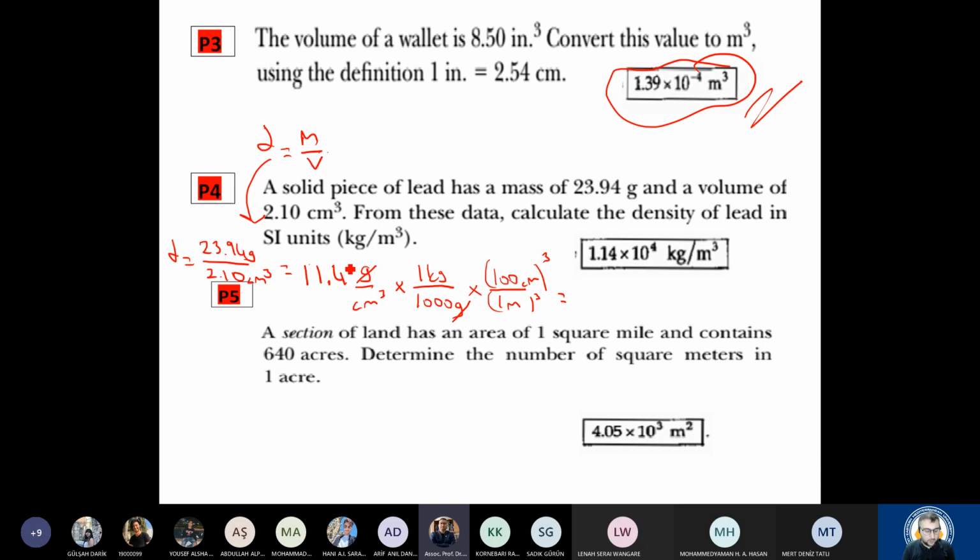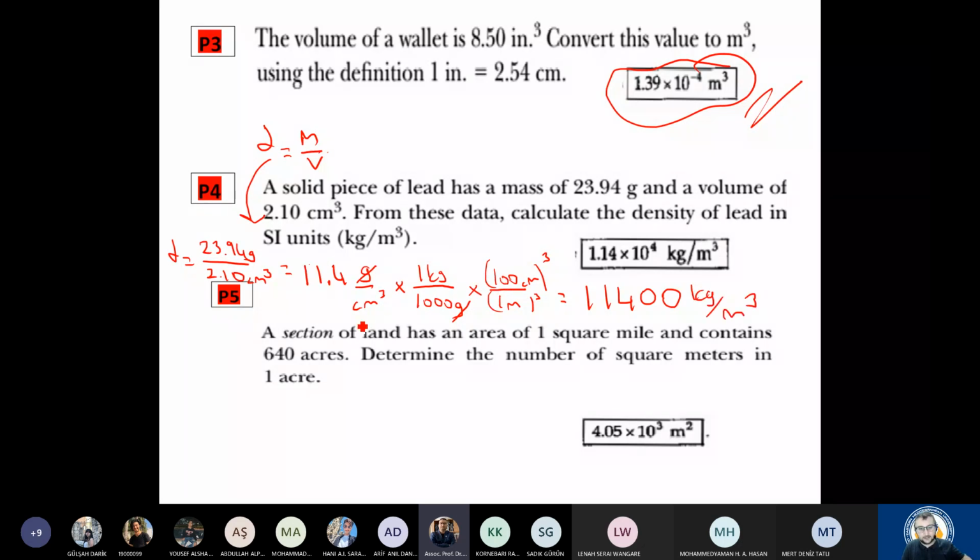So 11.4 times 100 to the power 3 divided by 1000 will give you 11400 kilogram over meter cube.